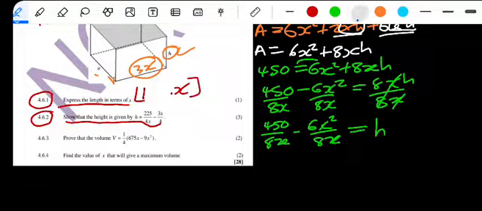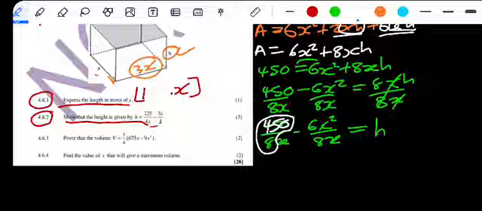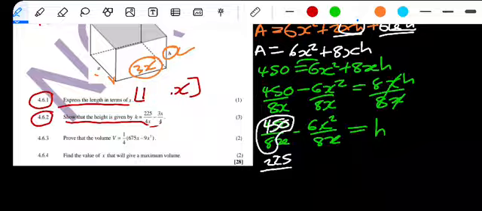So we should prove this. You must know that this is 450. You'll punch this on your calculator. If you punch 450 divided by 8, you'll have 225 divided by 4x. We have this x minus 6 divided by 8, like this.